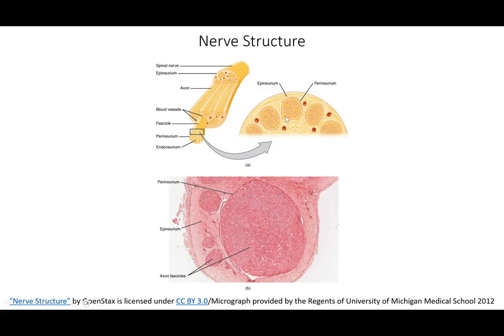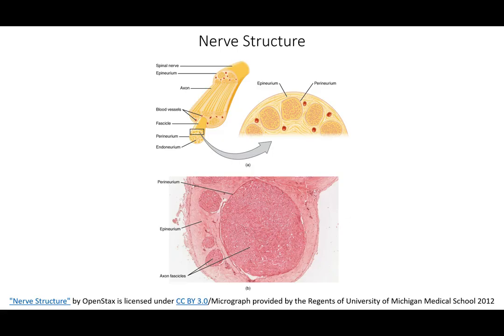All right. So lots of connective tissue within nerves. And again, this arrangement should look relatively similar to what we saw with the muscles. There's just some slightly different names to each of these structures. All right, so nerves are named as either cranial or spinal nerves based on where they are connecting into the central nervous system.